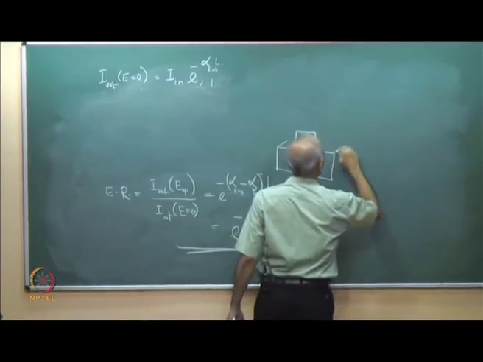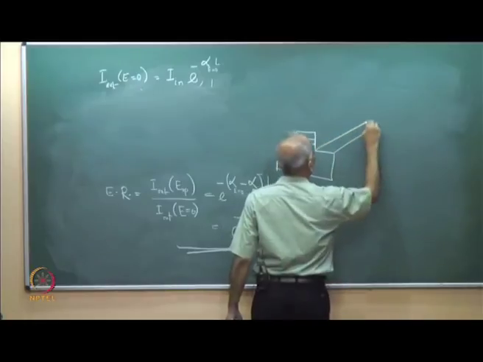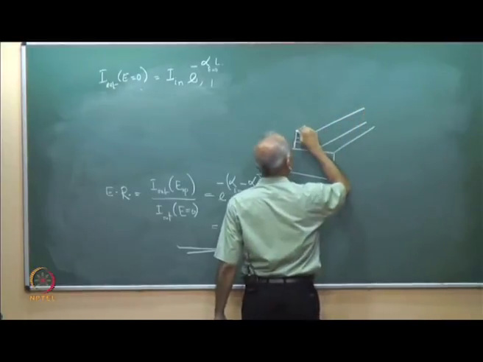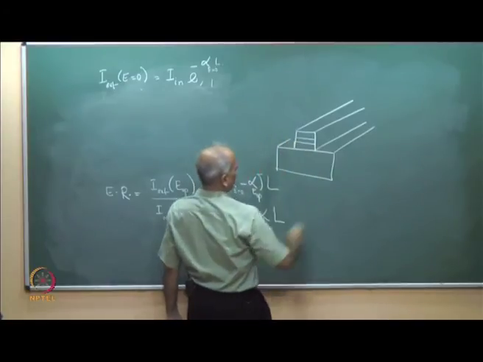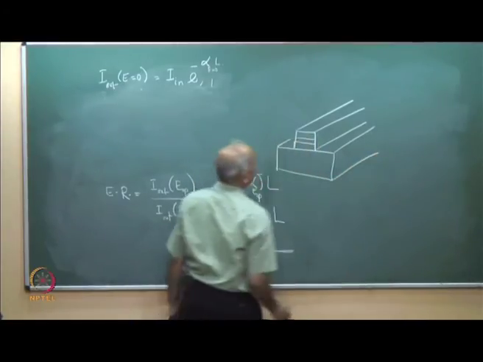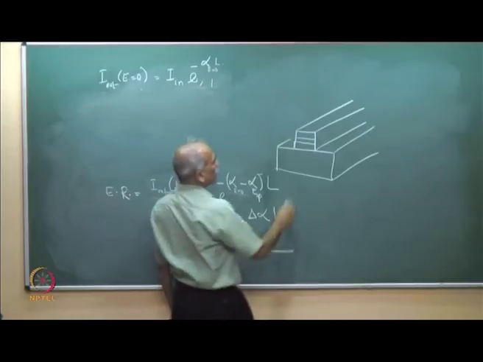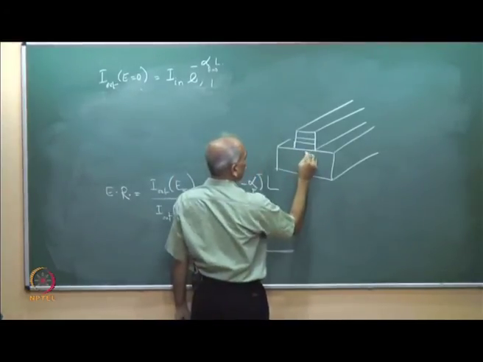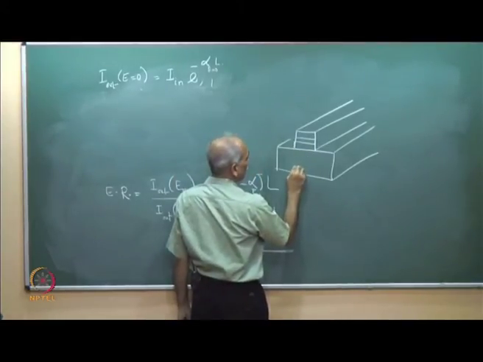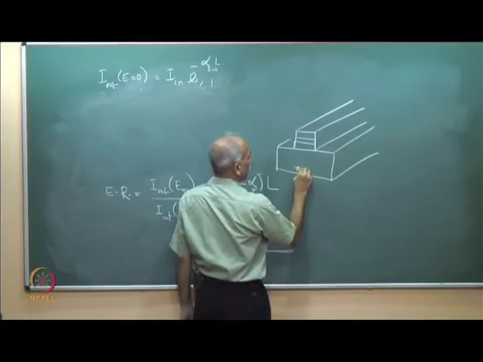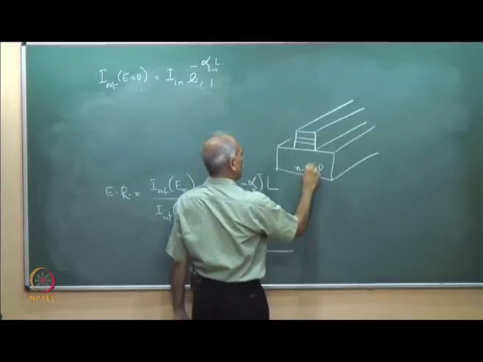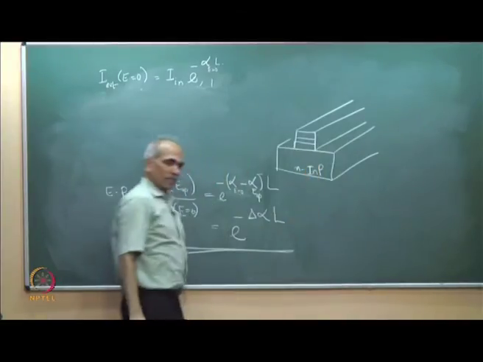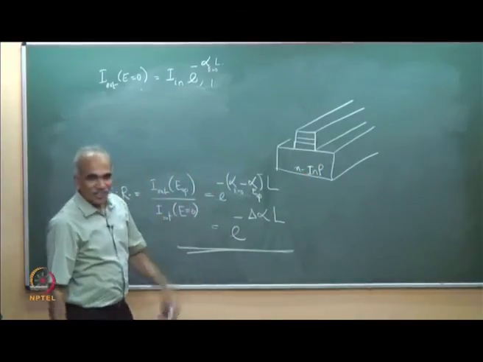Okay, let me make it 3D. So, this is actually a ridge waveguide structure. You have the substrate, let us say N indium phosphide. Let me draw, say now indium phosphide. All the while I am writing gallium arsenide, let me write indium phosphide.